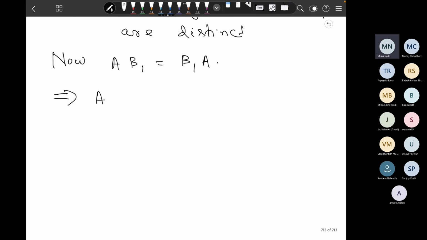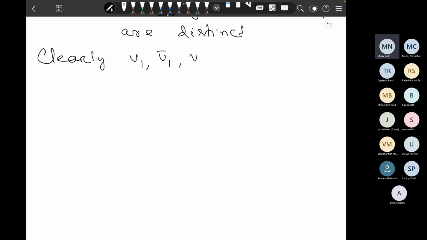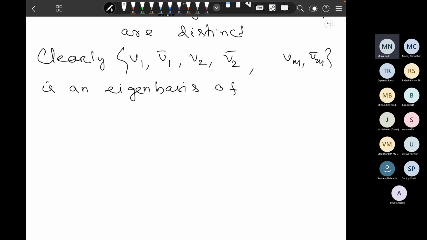That means A of p is A. I have to write this clearly: B1 bar, B2 bar, up to Bm bar is an eigenbasis of B1 in C with distinct eigenvalues. Okay, I am writing this.